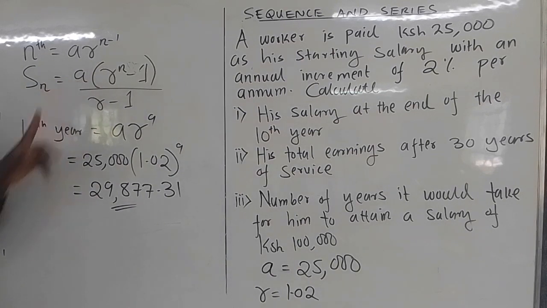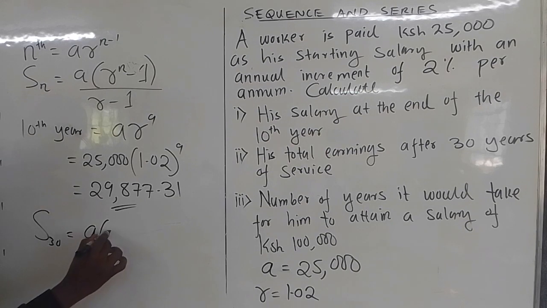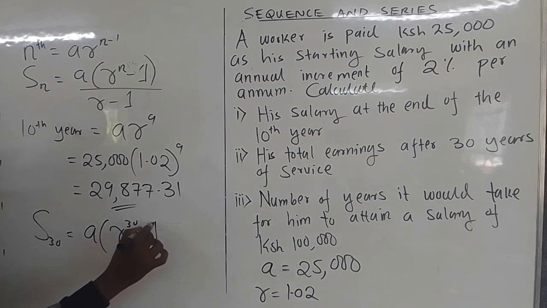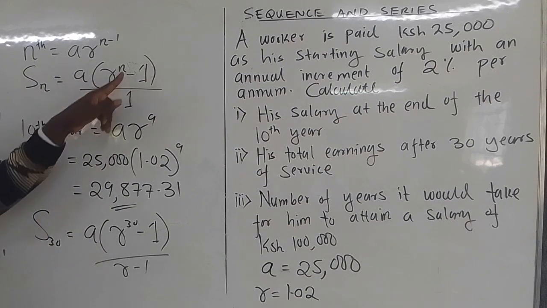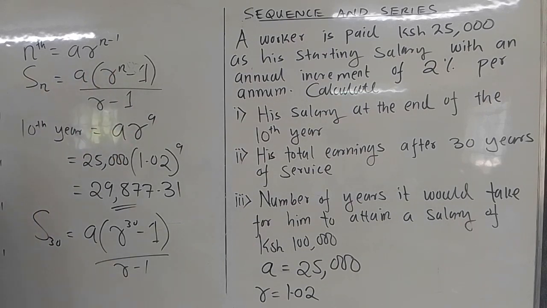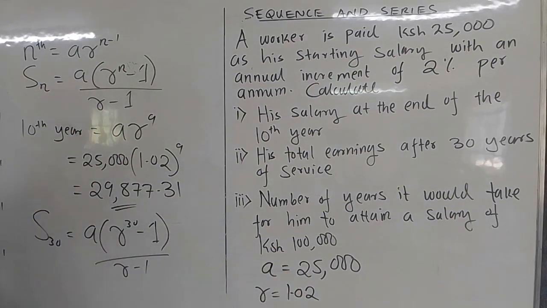So the sum of 30 years is A into R raised to power 30 minus 1 over R minus 1, sum of when N is 30. What do you get? Where there is A, put the value of A. Where there is R, put the value of R. Do that substitution. What do you get to be the sum of 30 terms?